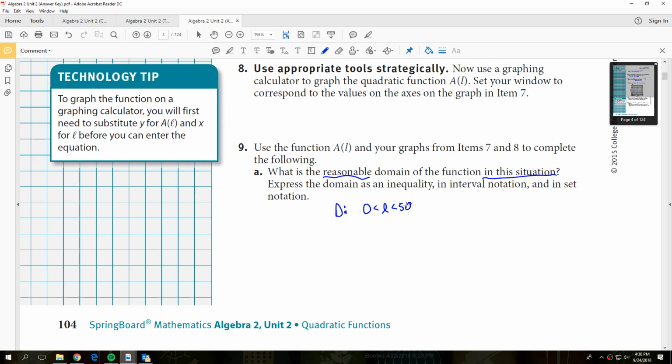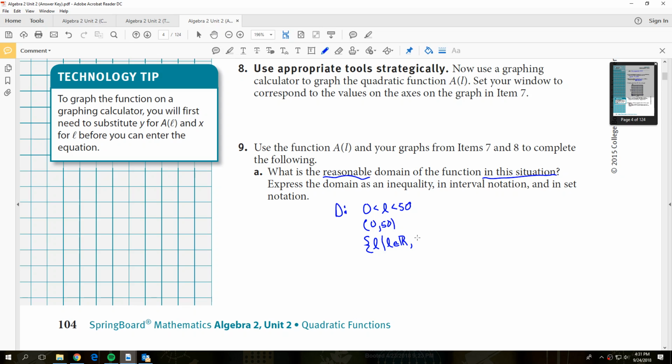As an interval, it would go from 0 to 50, using parentheses because those are not included. And as set notation, this is the fun one: the set of L such that L is an element of the real numbers, because we want to include everything, even the decimals and all that stuff.